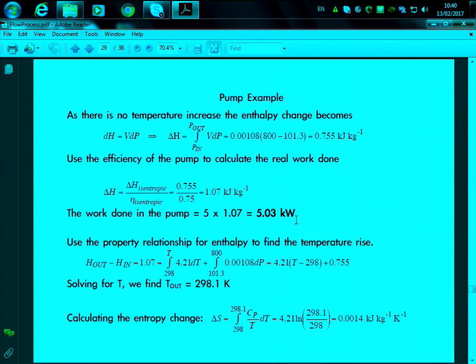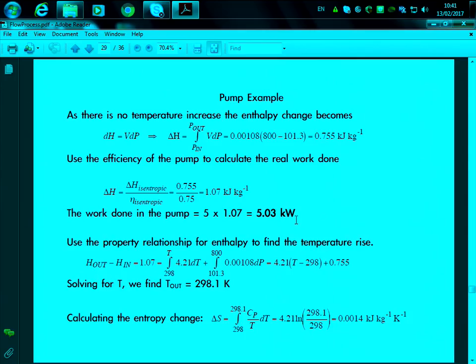What's 1.07? Is it like real? Which one? 1.07? Yes, it's the real enthalpy that you actually have in the system. That helps you to obtain the real work done. So it's a little bit like, this could actually be work. Which one?